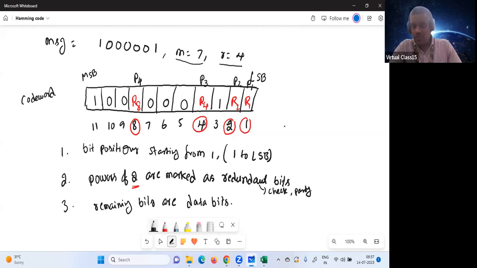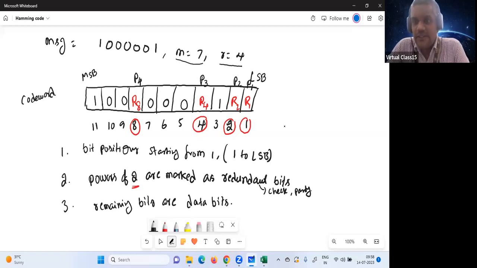Among these 11 positions, we have to find which are redundant bit positions. As per the Hamming code rule, powers of 2 are marked as redundant bit positions. I have already marked them. The message is given to you, so just fill the remaining bits with that message.